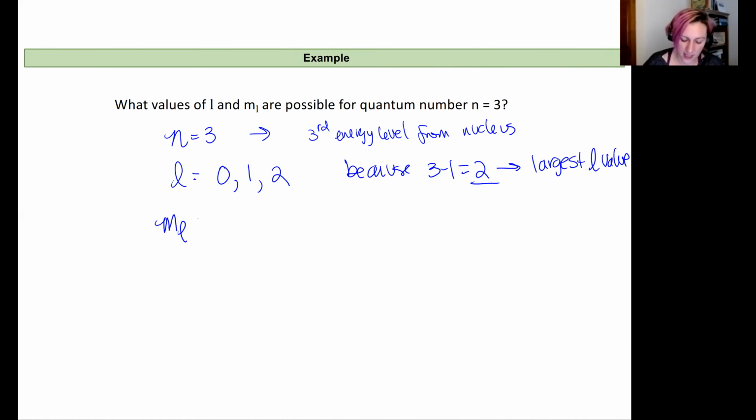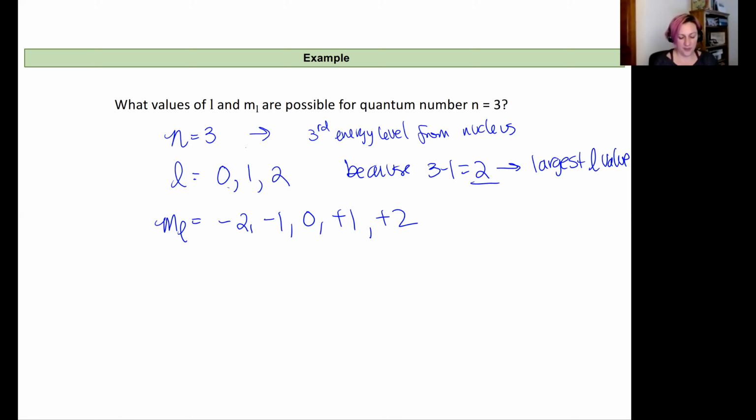So M sub L can be a number of numbers that are plus or minus L. So it'll be -2 or -1 or 0 or +1 or +2. So the number of places an electron can be in that third energy level are, for L equals 2, we would have 5 possible places.